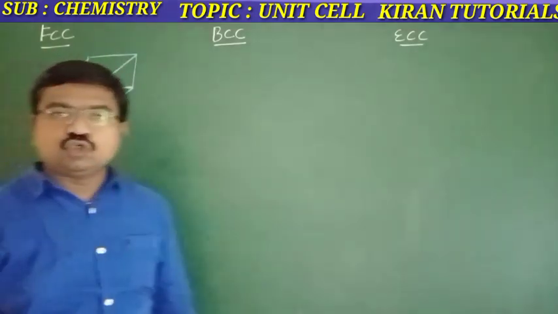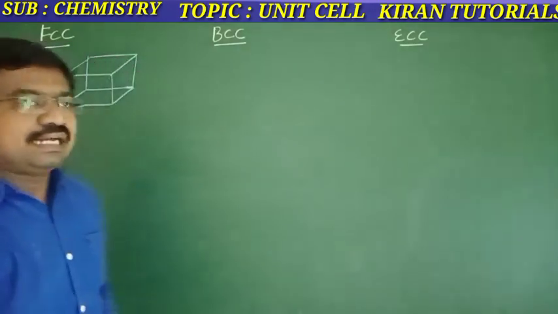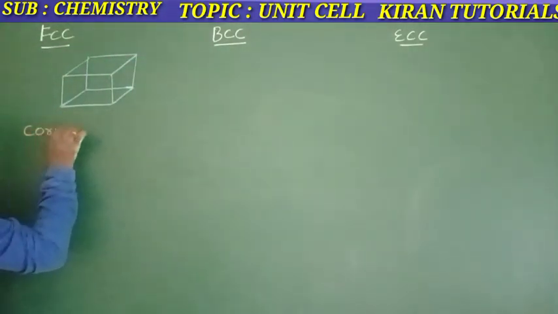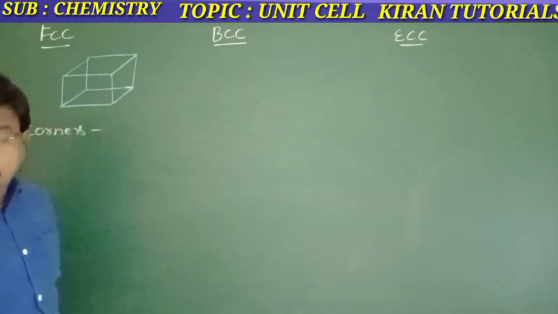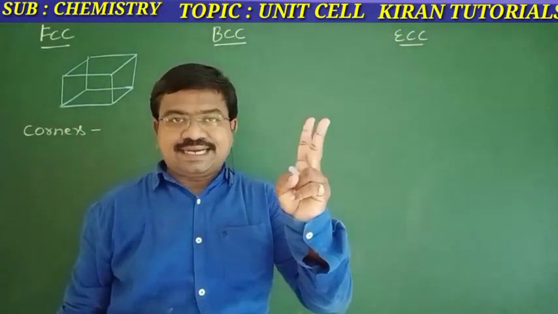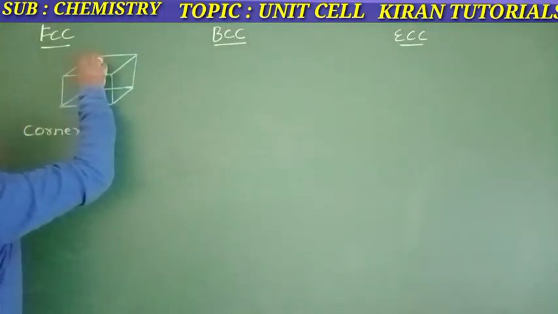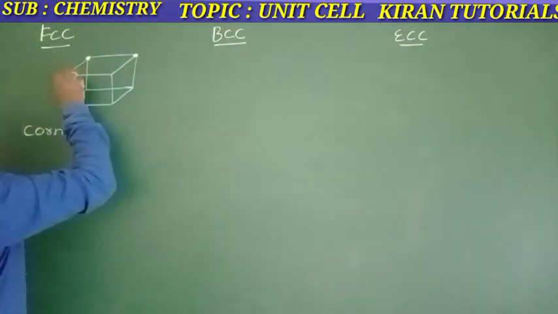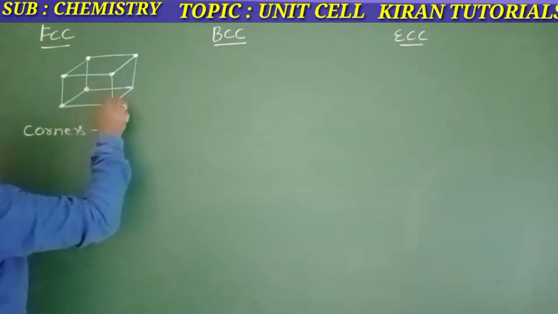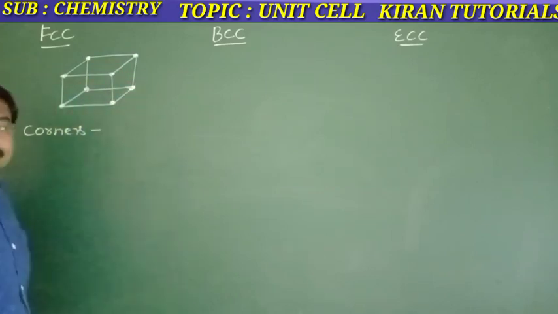it is a simple cube and corners. At corners, how many atoms are present? 8 atoms. 1, 2, 3, 4, 5, 6, 7, 8.